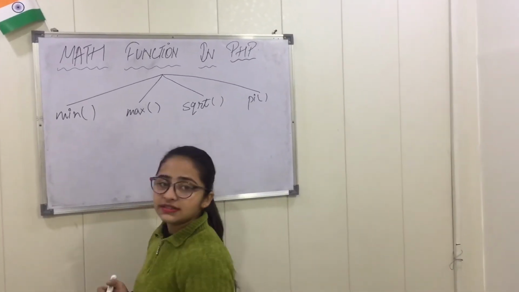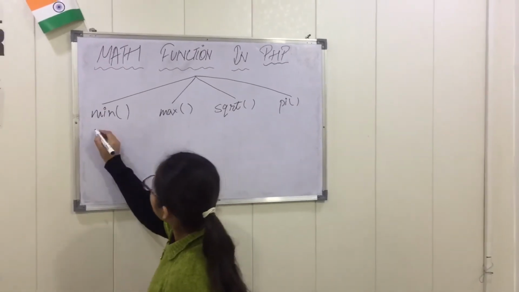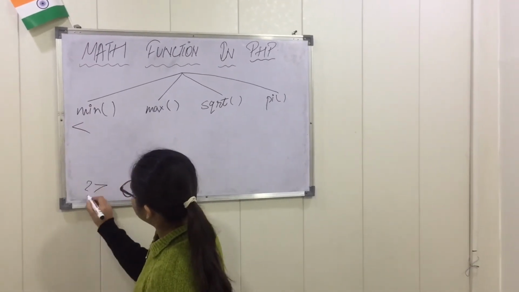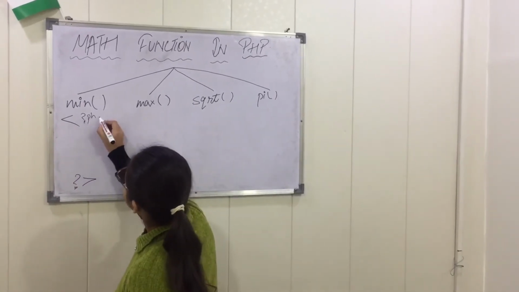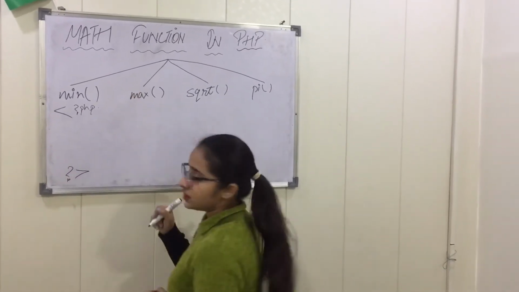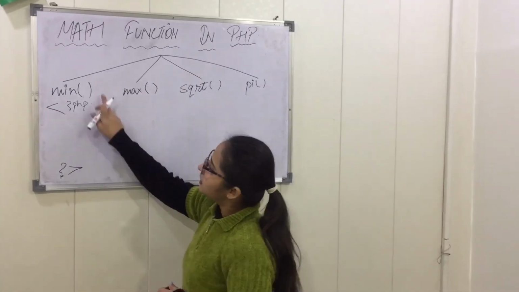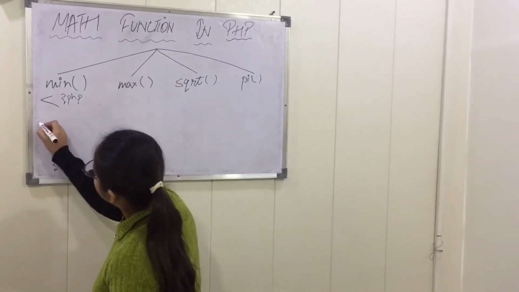So we are going to discuss the syntax of all. First we will start and close the PHP tag because we are discussing math functions in PHP. After that the minimum value will be declared here.